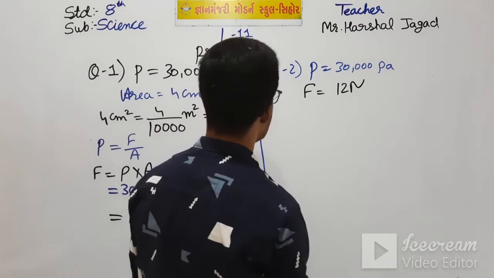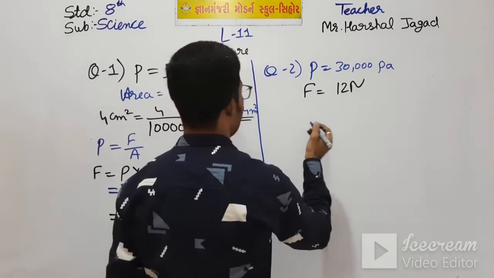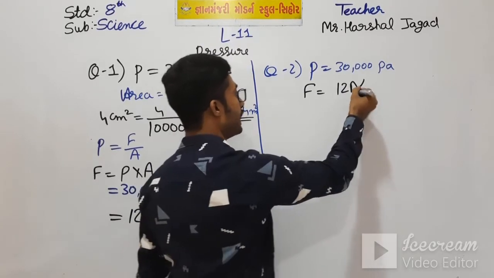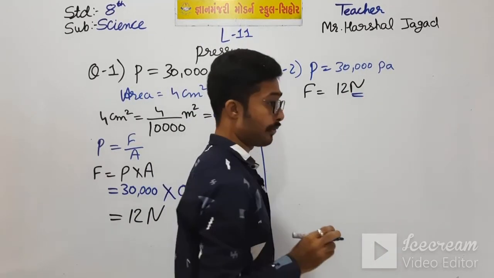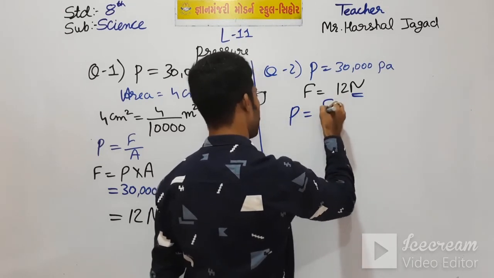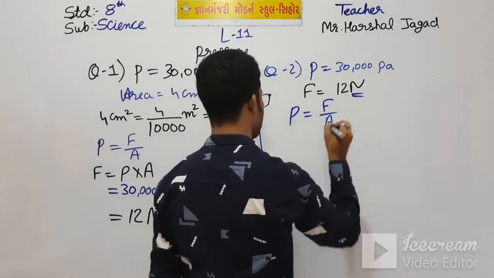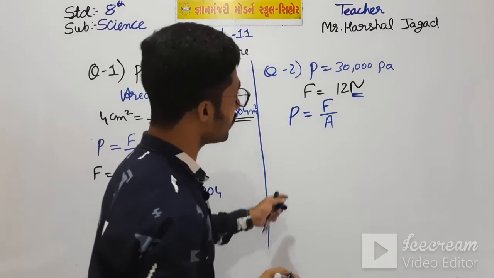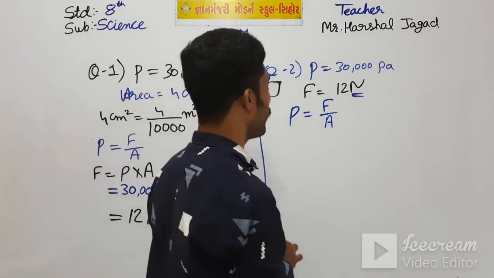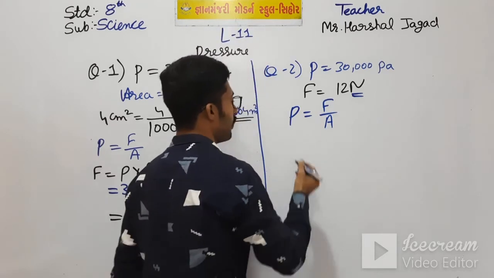Now we will calculate question number 2. In this, what do we have to do? It is already in Newton, so we don't have to change the value. Here pressure is equal to F upon A. In this case we have to calculate the area. So we have to make area the subject of the formula.